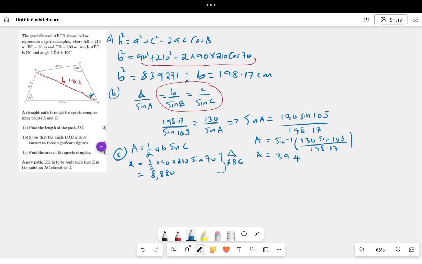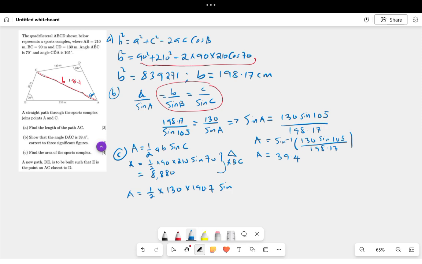For triangle ADC, the area will also be calculated using the lengths that we have. So 1 over 2 multiplied by the length 130 times another length, which is 198.17, sine the angle that lies between these two lengths.